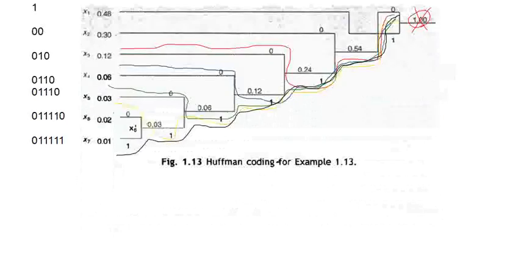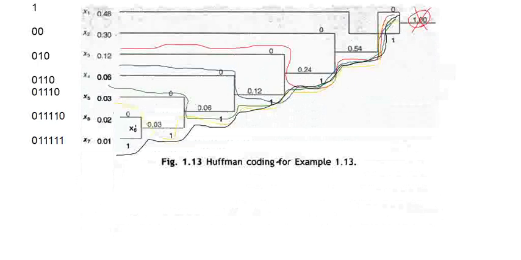In the previous example, when two probabilities are the same, we assigned x5 with 0 and this combined probability symbol with 1. Even if you want, you can alter it: you can assign 1 to x5 and 0 to the combined symbol, because both have the same probability.